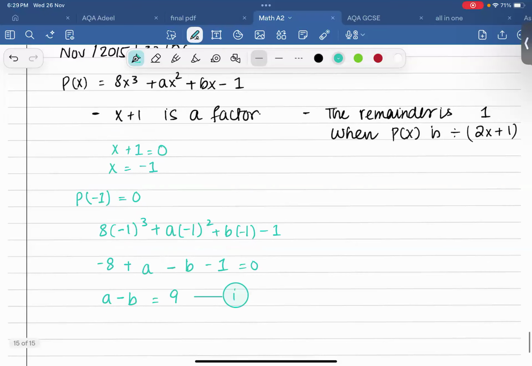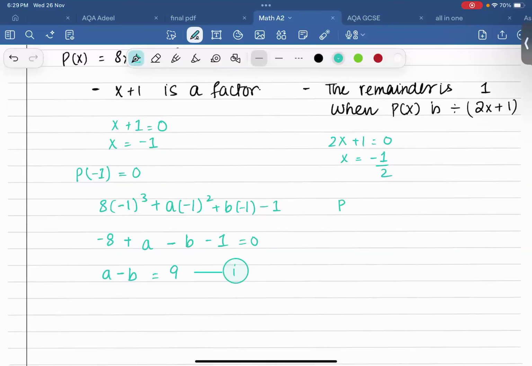Now, the second equation we have to make using the remainder theorem. For that, let me take 2x plus 1 equals 0, and x would be equal to -1 over 2. If I input p of x at x equals -1 over 2, since it is a remainder, the answer should be 1.